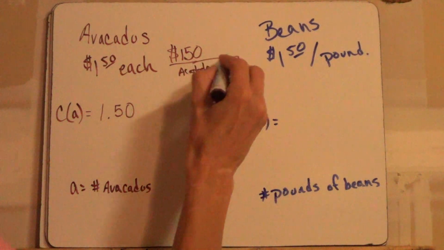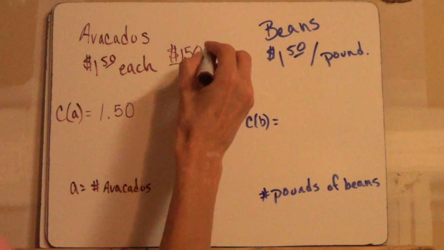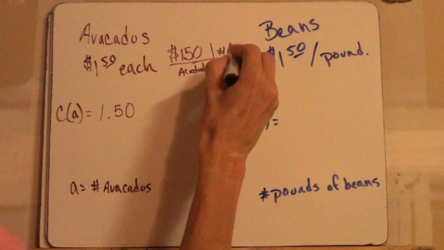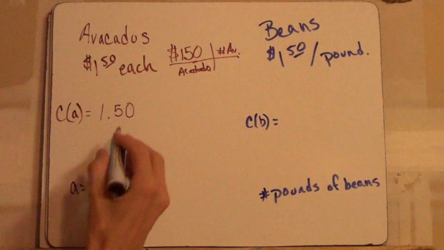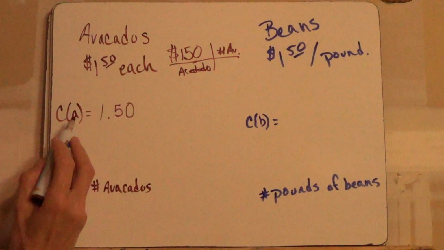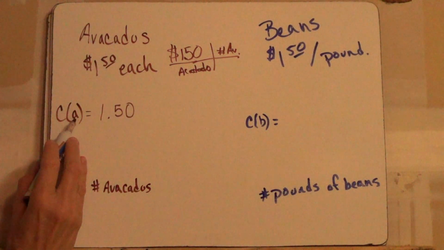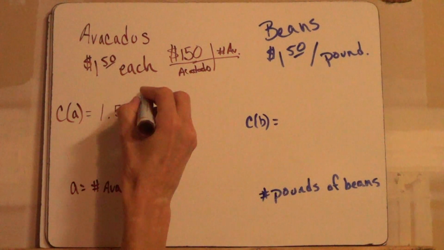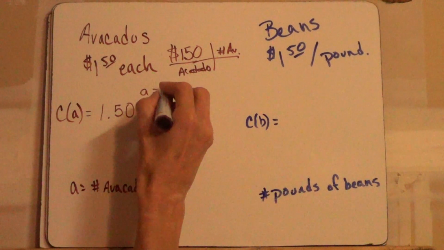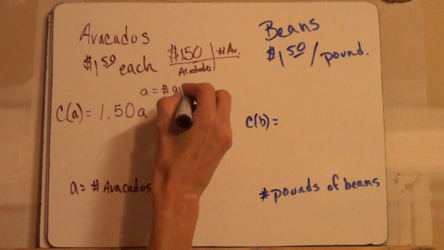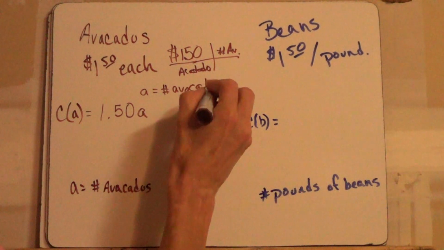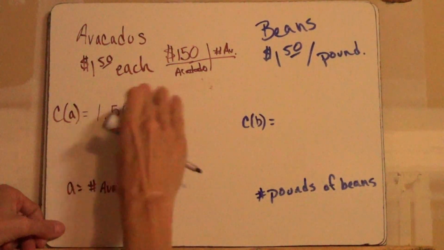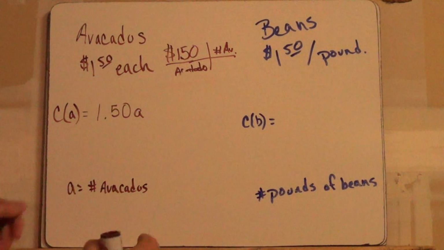And so in order to cancel the avocados, we have to multiply by the number of avocados. Okay, so A is our independent variable, so A will represent our number of avocados.